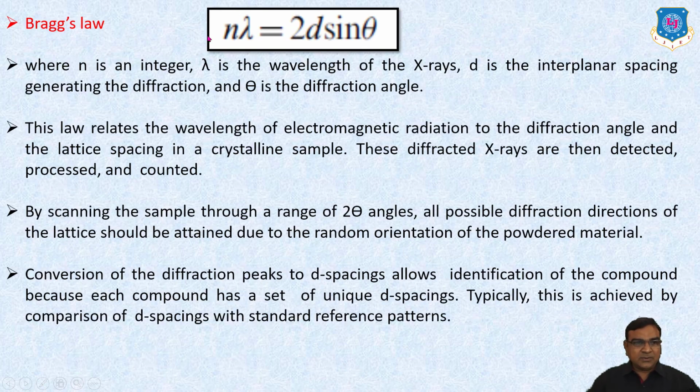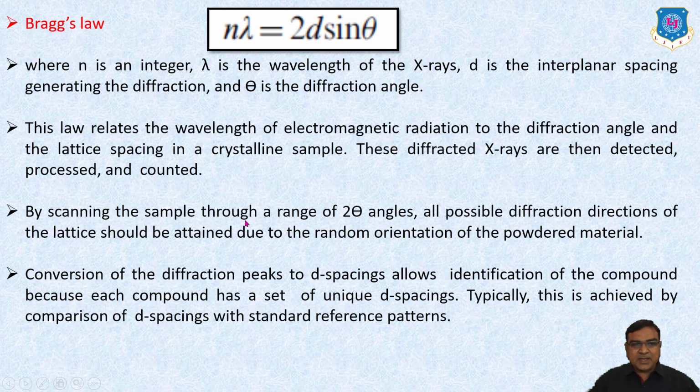In this Bragg's law, n is an integer, lambda is the wavelength of the X-rays, small d is the interplanar spacing generating the diffraction, and theta is the diffraction angle. This law relates the wavelength of electromagnetic radiation to the diffraction angle and the lattice spacing in a crystalline sample. These diffracted X-rays are then detected, processed, and counted.